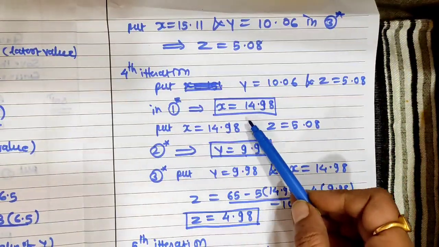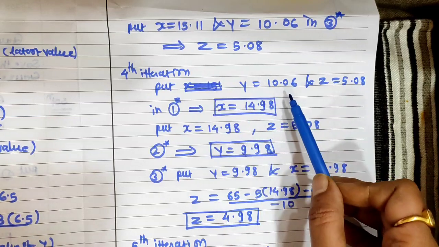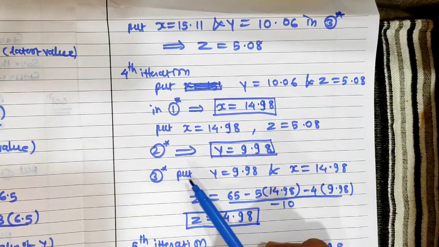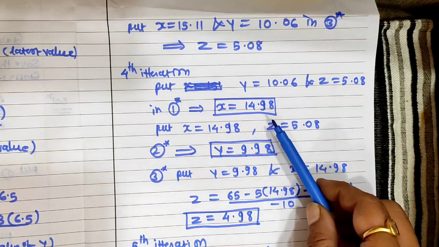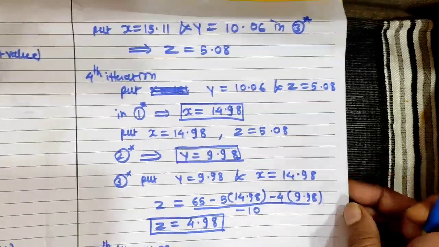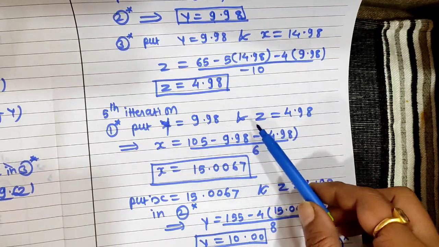In the fourth iteration we got the values, again using the latest values of y and z. We got x equal to this one, y equal to this one and z equal to this one. Now this is not the proper answer, so again we have to carry forward to the fifth iteration. In the fifth iteration we again put the latest values of y and z.